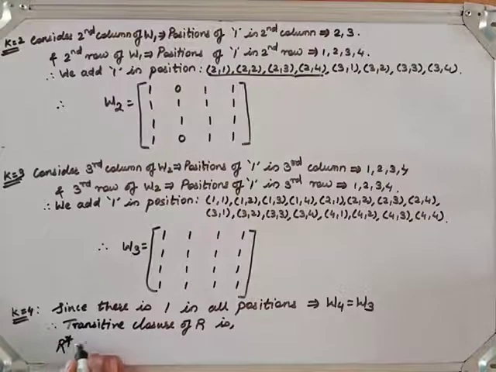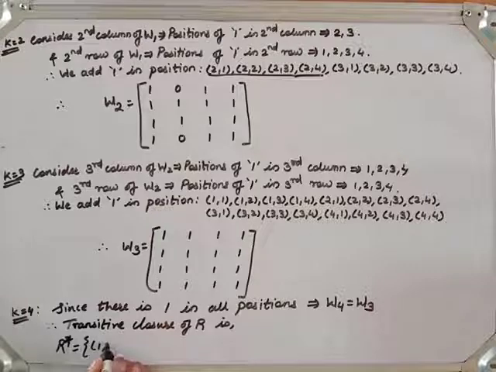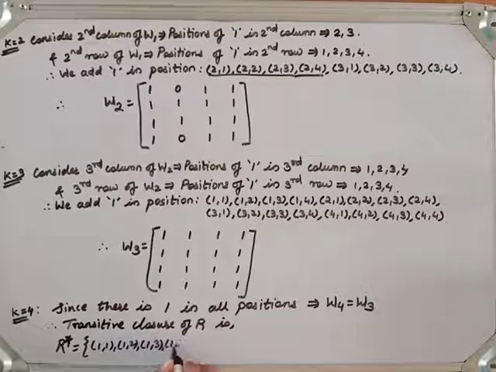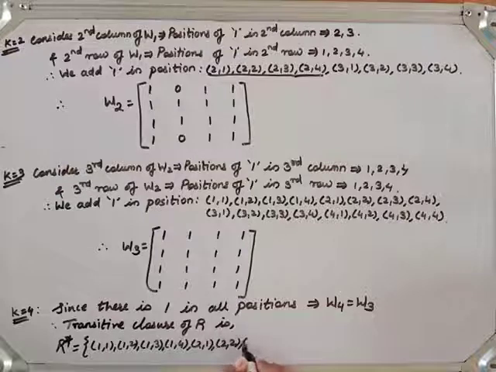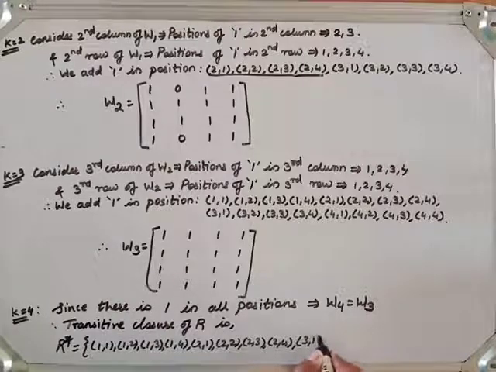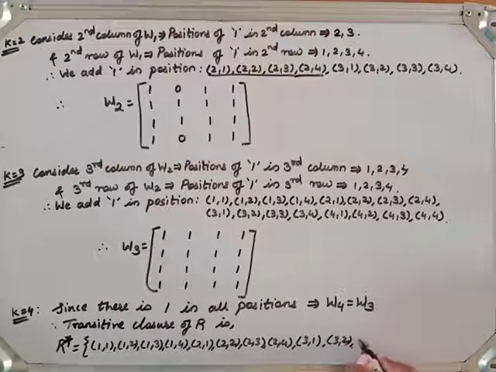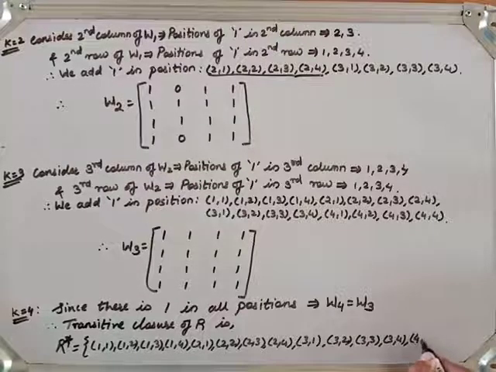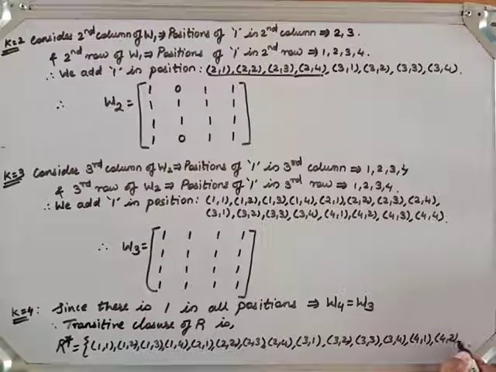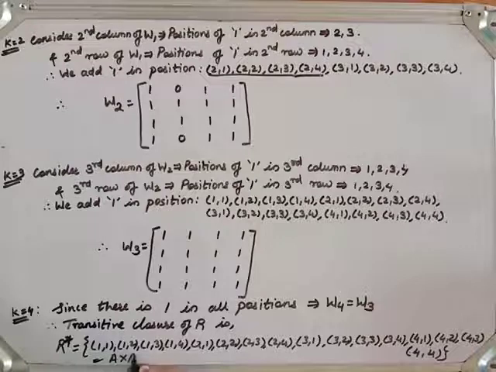That R star is, that is equivalent to this: 1 1, 1 2, 1 3, 1 4, 2 1, 2 2, 2 3, 2 4, 3 1, 3 2, 3 3, 3 4, then again 4 1, 4 2, 4 3 and 4 4. That is nothing but what? This is nothing but A cross A here.